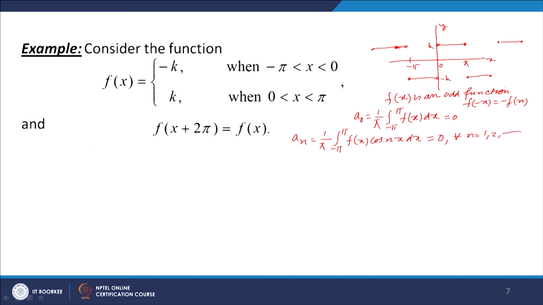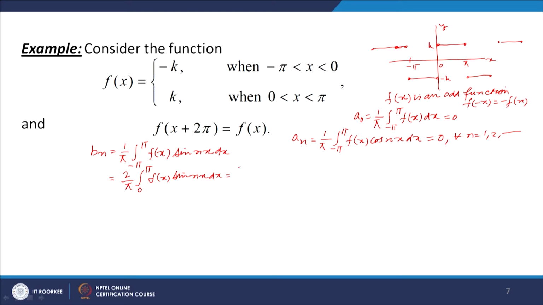Let us now look at the formula for b_n, equal to 1 over pi, integral over minus pi to pi of f(x) sin nx dx. Here f(x) is an odd function and sin nx is an odd function, so their product is even. So I can write it as 2 over pi, integral from 0 to pi of f(x) sin nx dx. Now, over the interval 0 to pi, f(x) is equal to k.